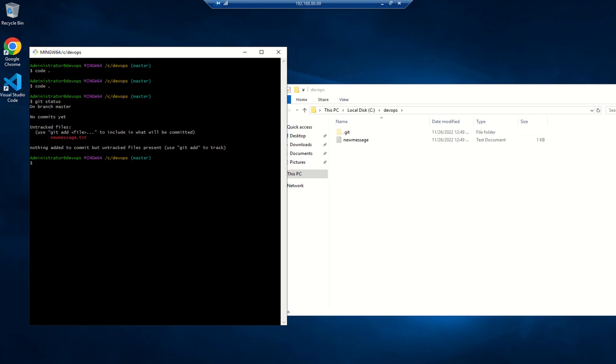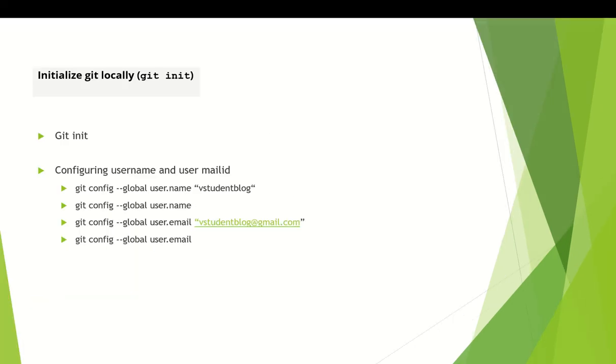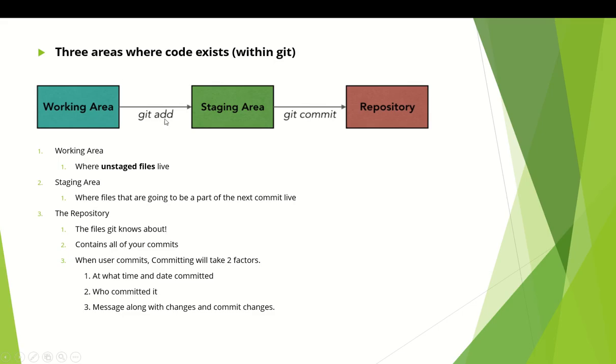From the working area to the staging area, we have created a file in the working area, and to move it to the staging area, we need to add it with git add. It will be added to the staging area.